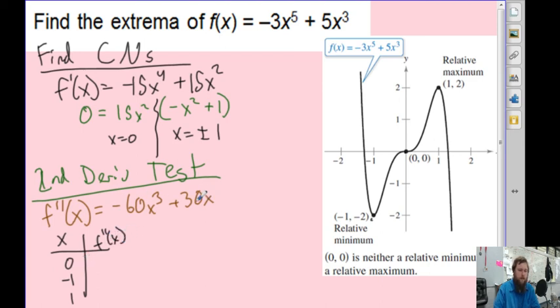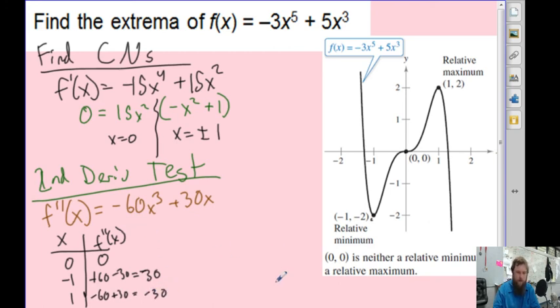When you plug in 0, f double prime is 0. When you plug in negative 1, this is going to be negative 1 cubed, which comes out to negative 1. So you get negative 60. Wait, no, you get positive 60 minus 30, which is positive 30. And when you plug in 1, you are going to get negative 60 plus 30, which will be negative 30.